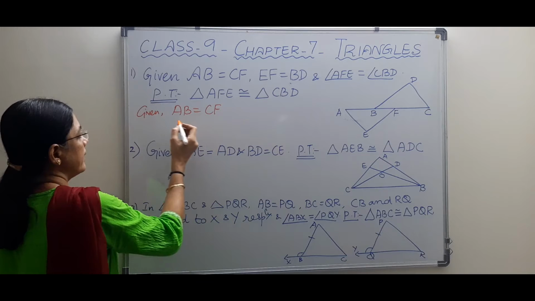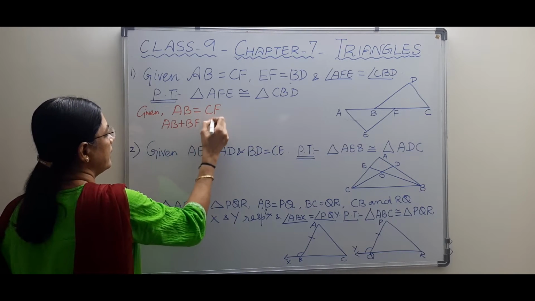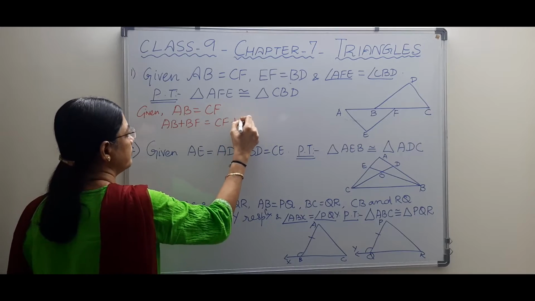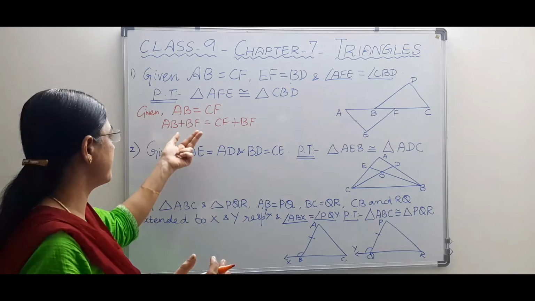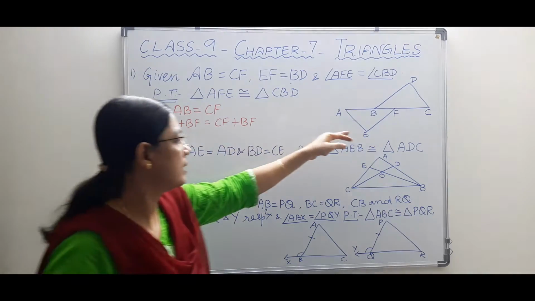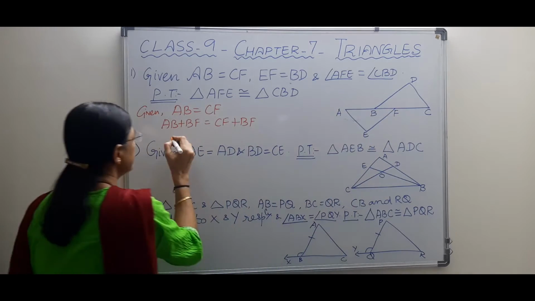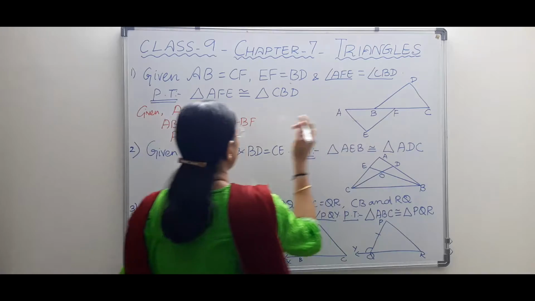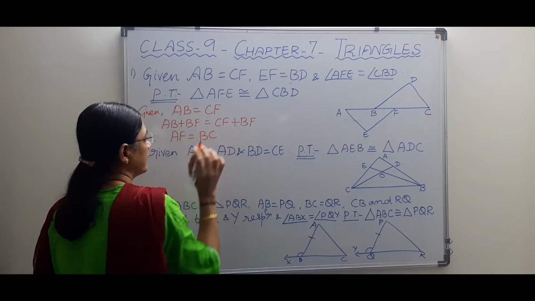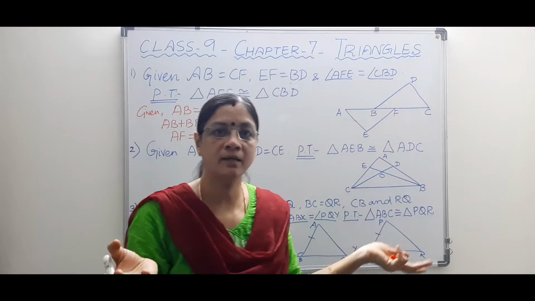So I am adding AB plus BF, and I am also adding CF plus BF. On both the left and right hand side, I am adding BF, the left out part. Now what is AB plus BF? AB plus BF is AF, which is equal to CF plus BF, that is BC, of course. So you have got AF is equal to BC, that's it.